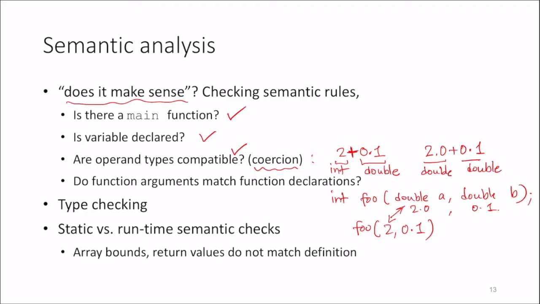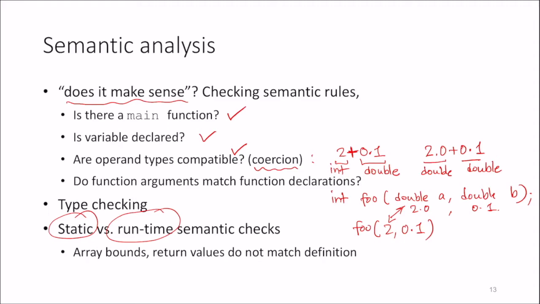There are different types of semantic analysis that we need to do. There are some which are static, so these happen at compile time, and some are inserted into the code to do runtime semantic checks. So for example, if you have arrays in your programming language and you want to check whether you're accessing an array in a valid way, you can't really do that at compile time because you don't know which location of the array you might access.